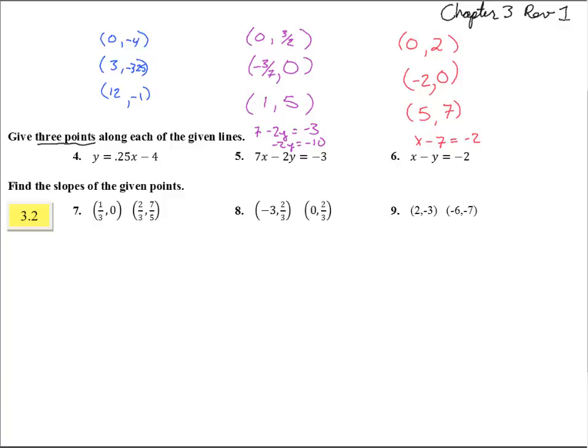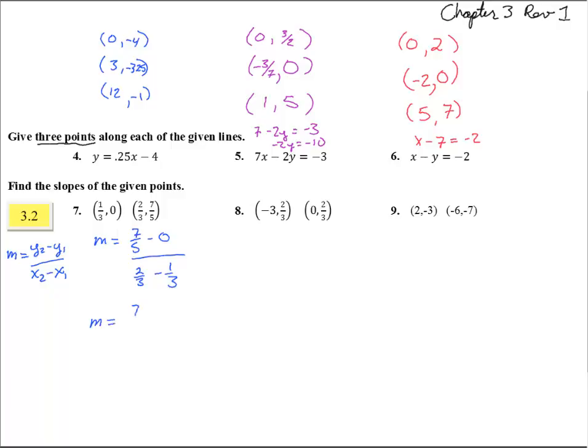Find the slope of the given points. As a reminder, here's the formula for slope: y2 minus y1 over x2 minus x1. And remember, it could be y1 minus y2 over x1 minus x2, and that would work as well. So the slope in this one is going to be 7/5 minus 0 over 2/3 minus 1/3. Ooh, that looks huge. Look at those fractions.